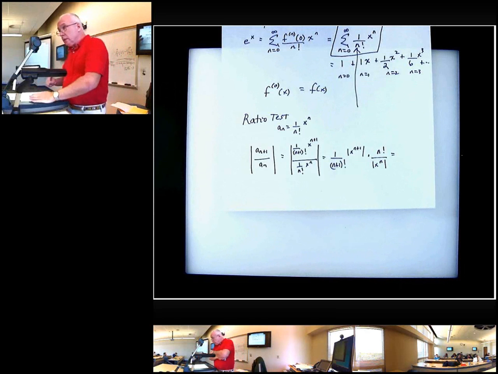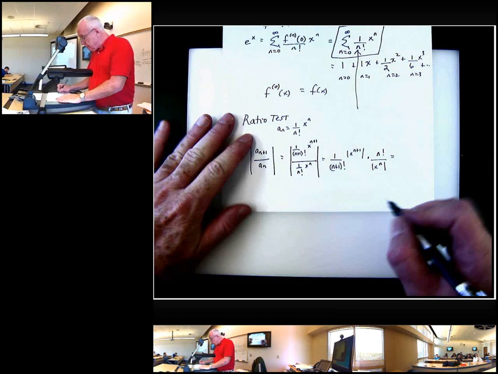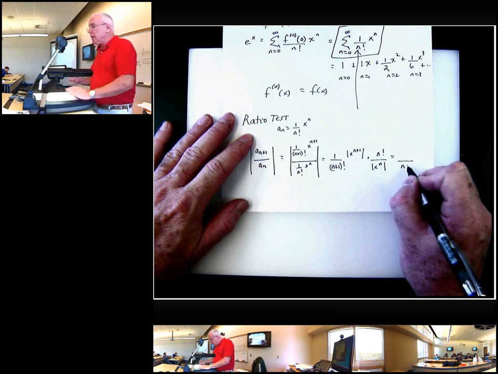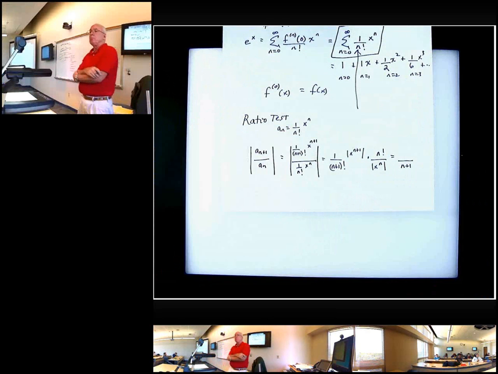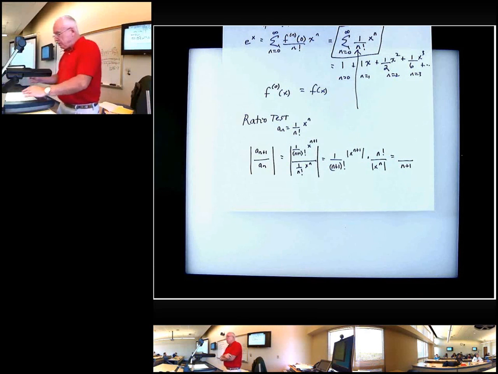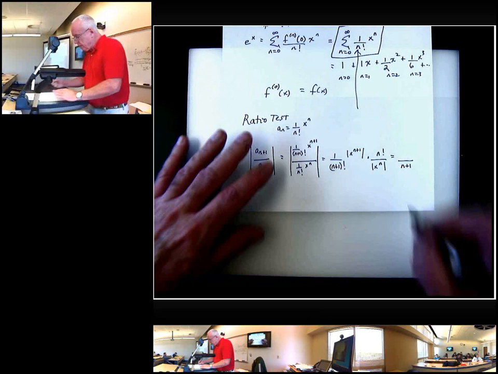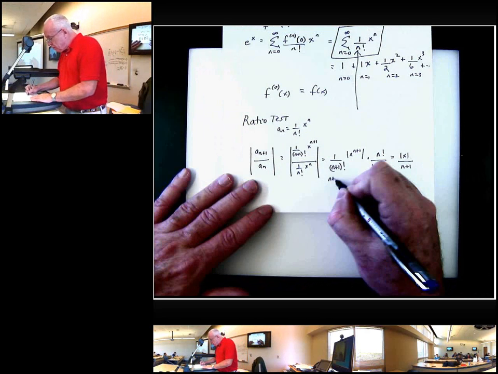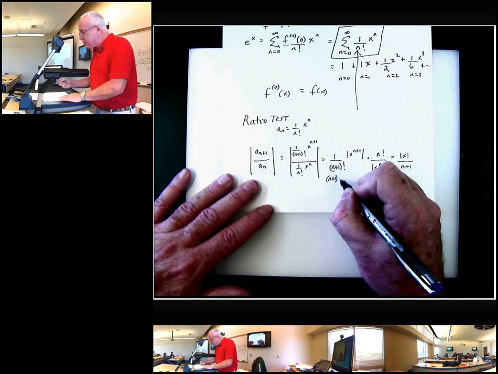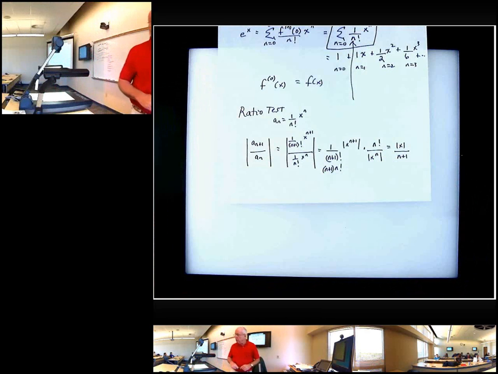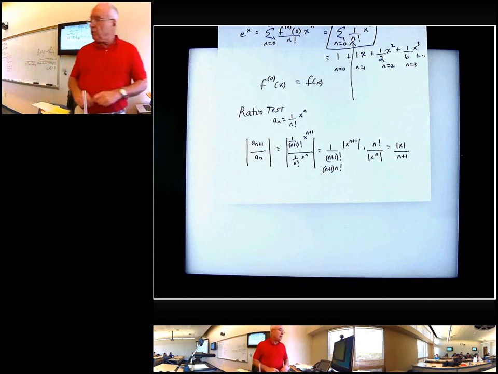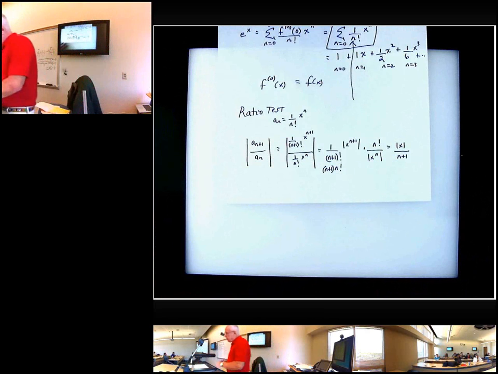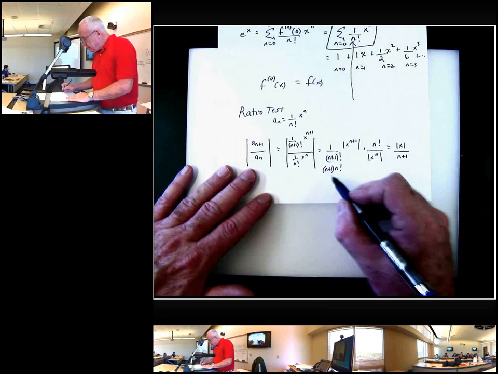We're going to still have an n plus 1 in the denominator. What are we going to have on top, though? Absolute value of x. Right. So remember, n plus 1 factorial, of course, is n plus 1 times the n factorial. So the n factorial is going to cancel out and just leave us the n plus 1.